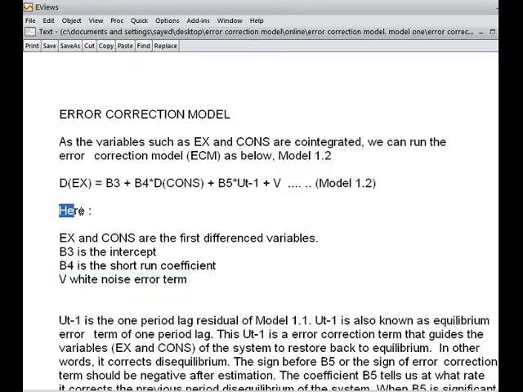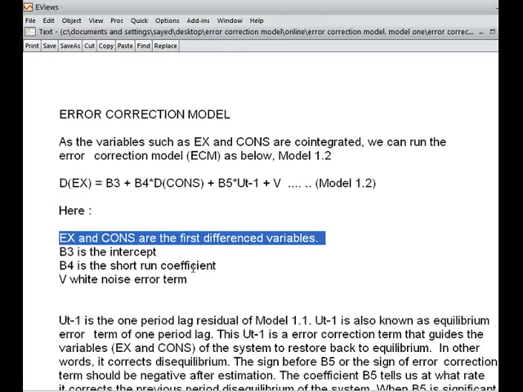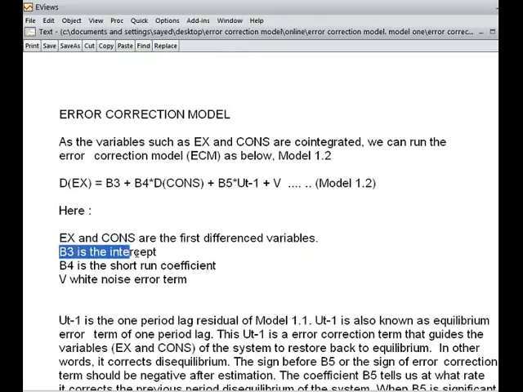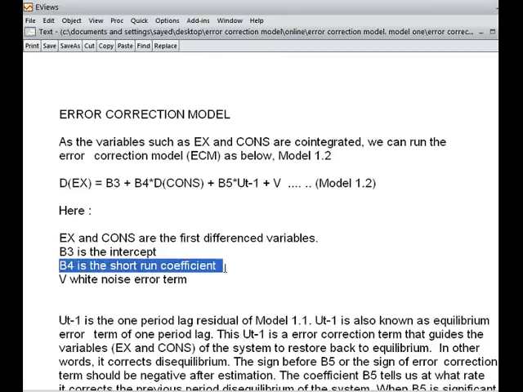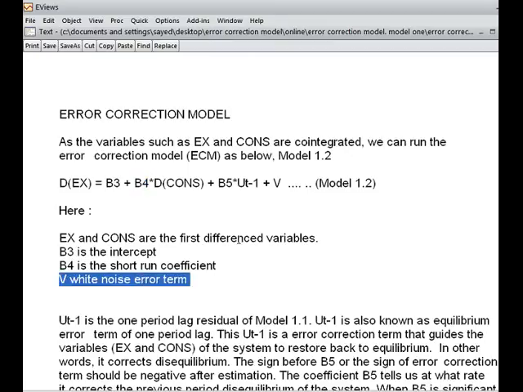Okay, I am telling again, here ex and cons are the first difference variables. B3 is the intercept. B4 is the short run coefficient. Make sure it is a short run coefficient, not long run. And v is the white noise error term.